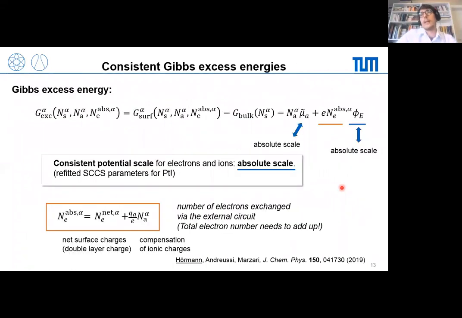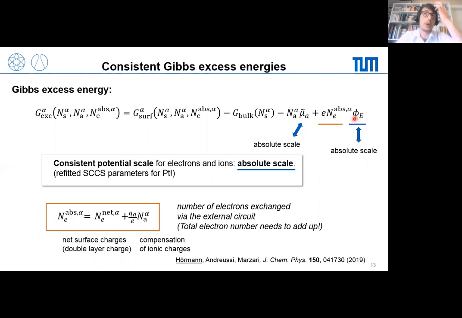I have not yet clarified some important points here that are not totally clear in an abstract sense. What are these electrochemical potentials? What is this number of electrons that I call the absolute number of electrons here? And what is this electrode potential?